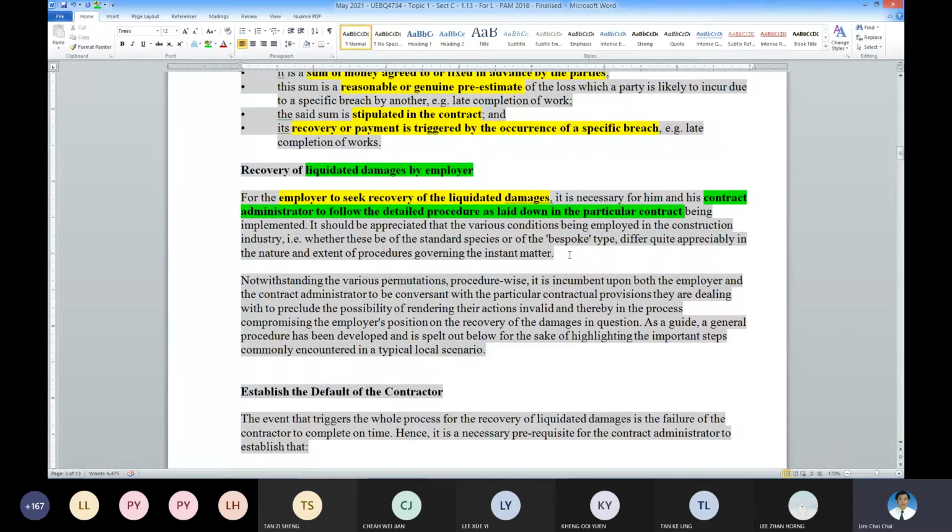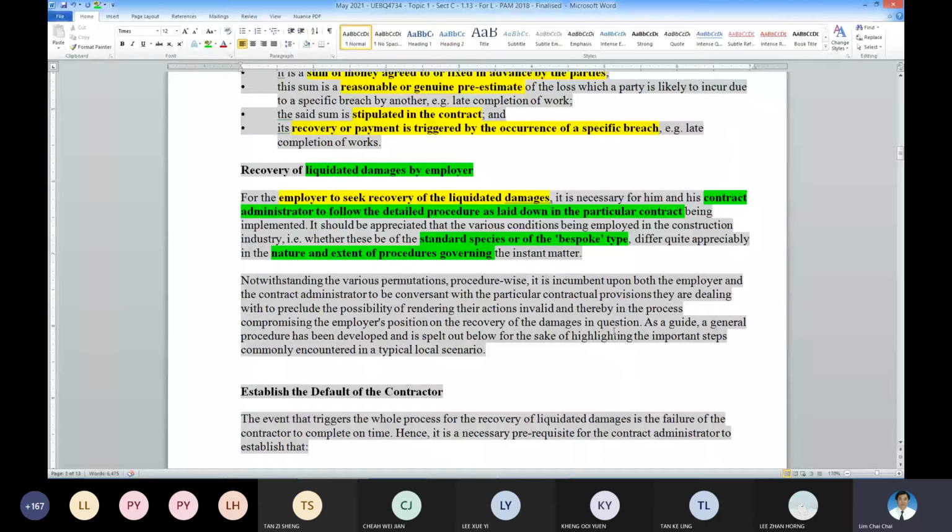So whether it's a standard contract or a bespoke contract, you have to read carefully, because the nature and extent governing this LD could be different. So this is an important point for the employer to impose LD.